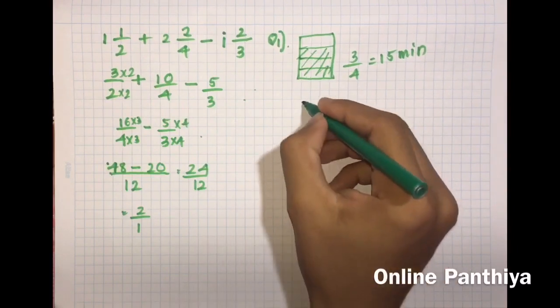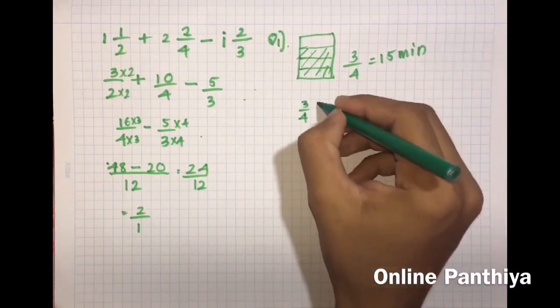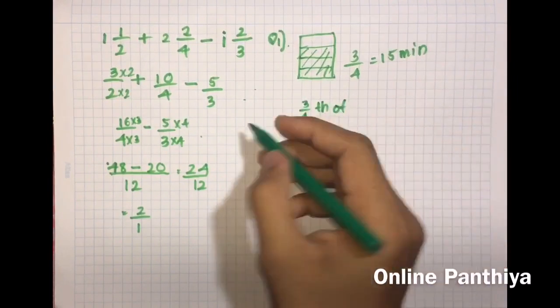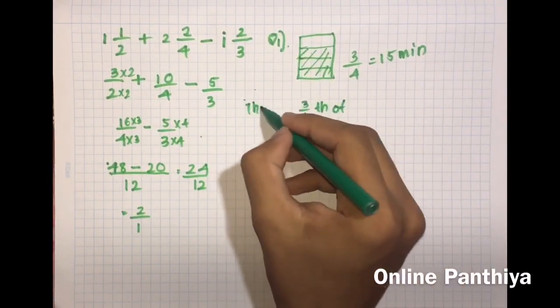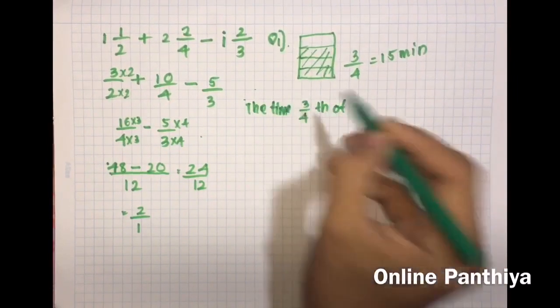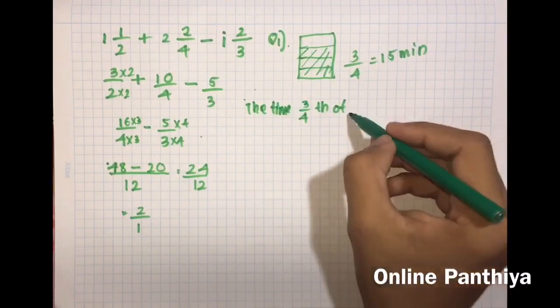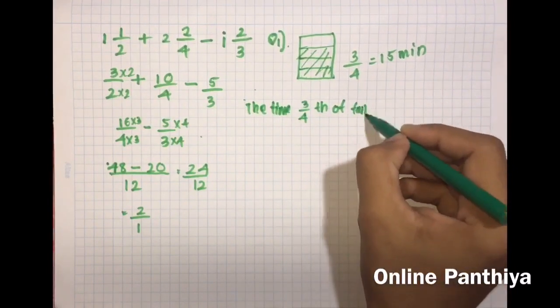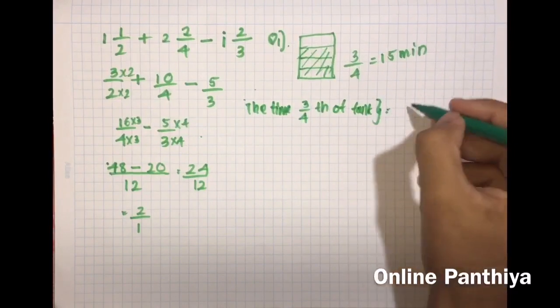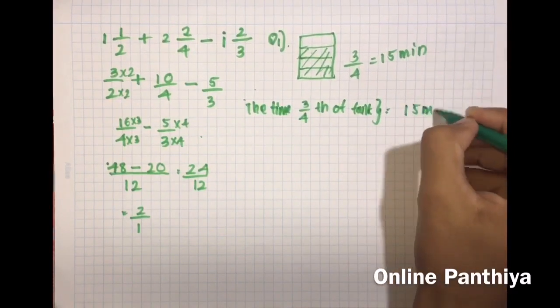So let us say 3/4 of the tank. You can write sentences. The time taken, always write sentences. Okay, the time taken to fill 3/4 of the tank is equal to 15 minutes.